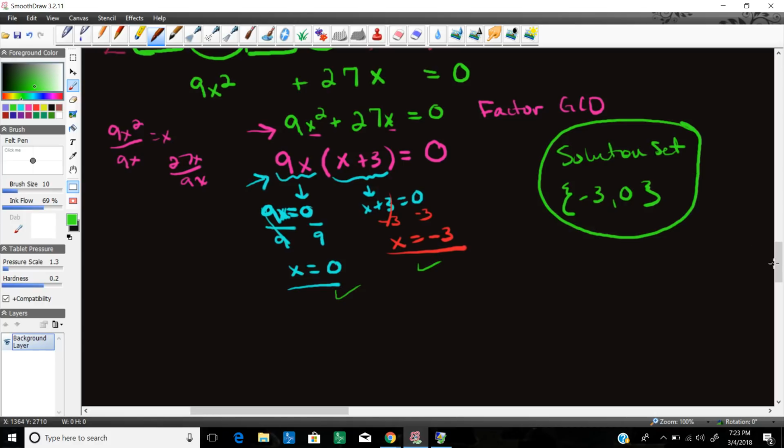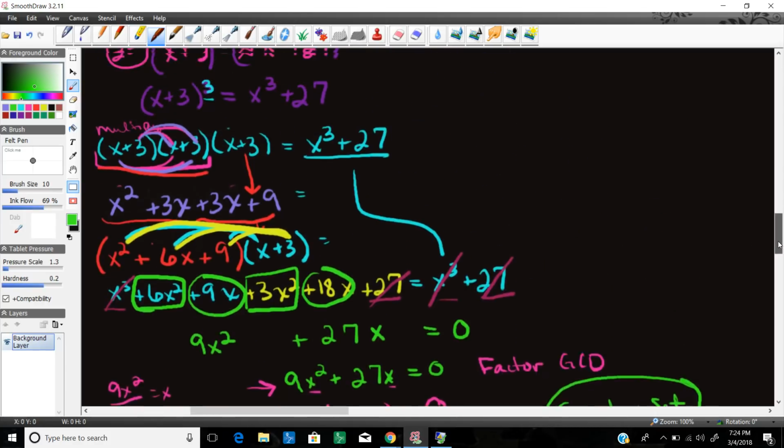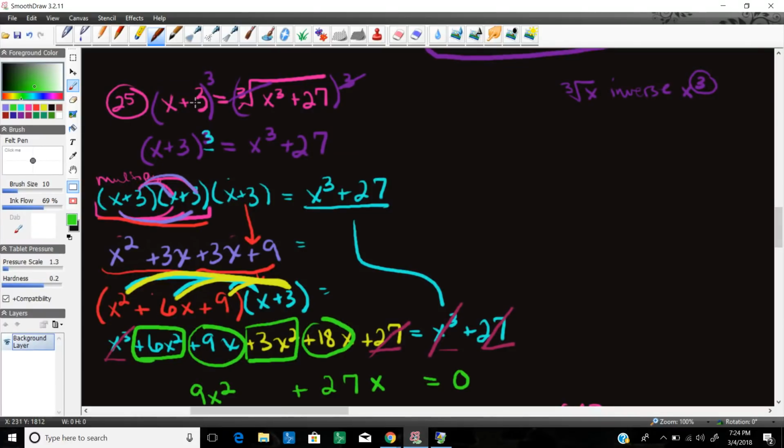Okay, quick recap. So we cube both sides to get rid of that cube root. Once I cube them, I have to expand and multiply, which is what I did here. This is just multiplying binomials. We multiply everything out.